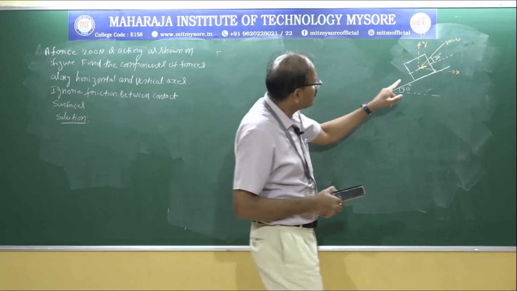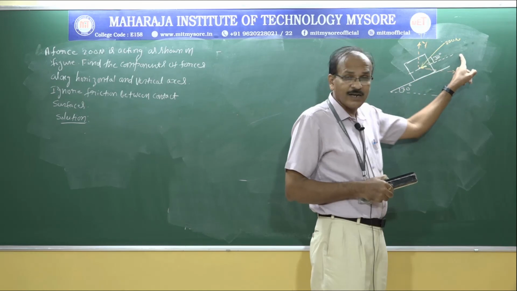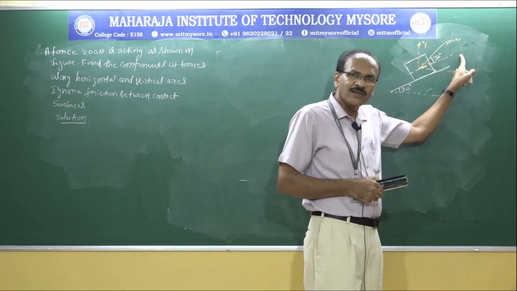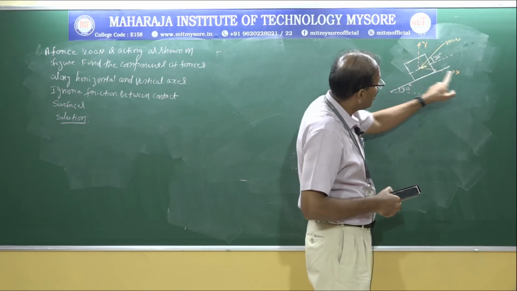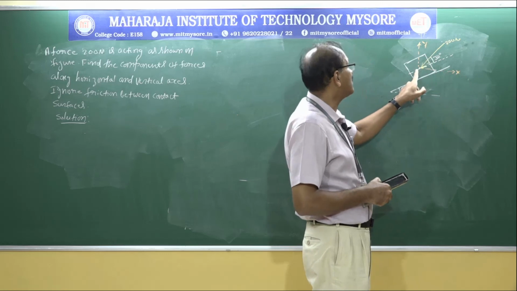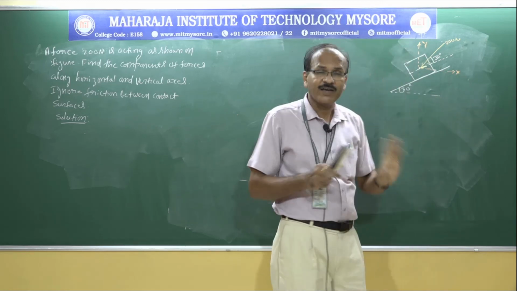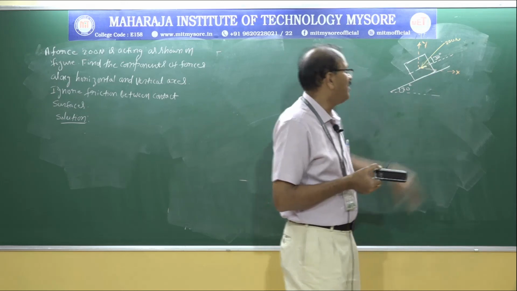So we need to find out the component of this force not along this inclined plane, but along this line, that is along the x-axis, and the component of this force along the y-axis. That's what we need to find out.